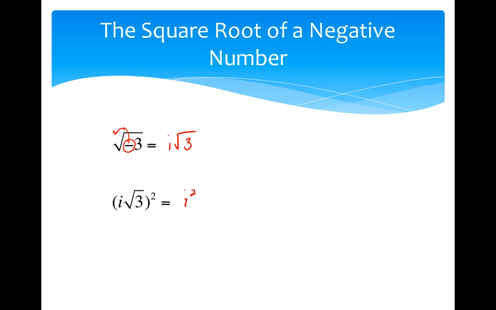This is an i squared times the square root of 3 squared. Well, if i is the square root of -1, we've got square root of -1 times square root of -1, which is just equal to -1. So that i squared is -1, and then square root of 3 squared, that squared and square root are going to cancel, and I'm left with a 3. So -1 times 3 is going to be -3.